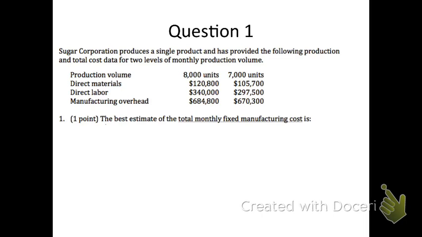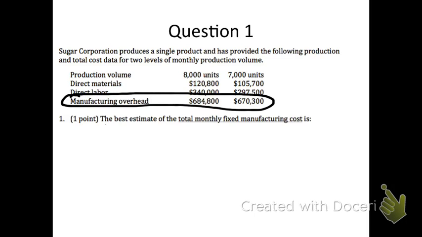Materials and labor are both true variable costs, so the only cost we're really looking for in terms of fixed costs is the manufacturing overhead. It's the fixed portion of manufacturing overhead that answers this question.